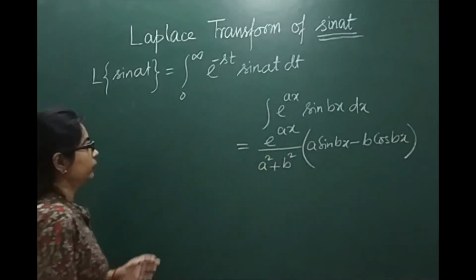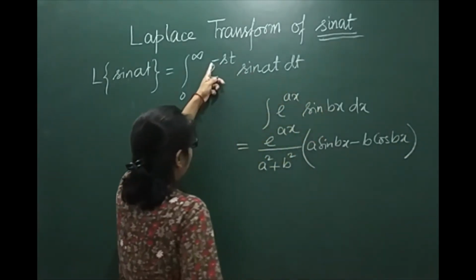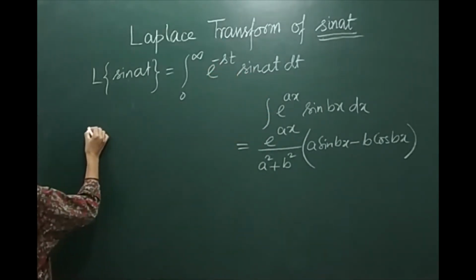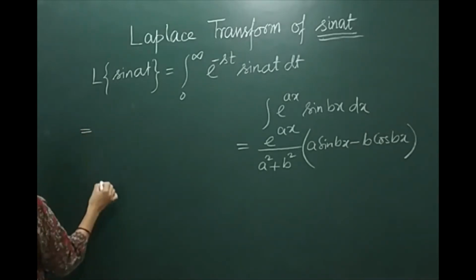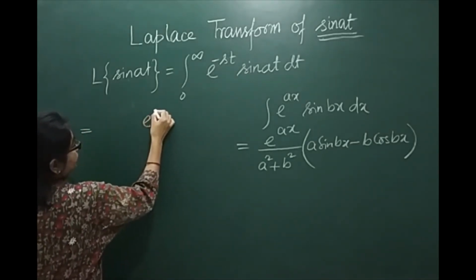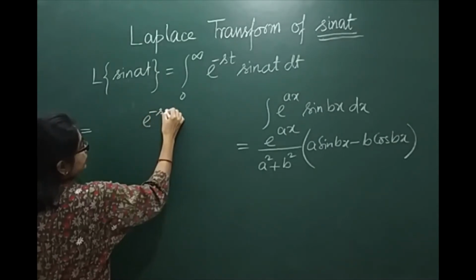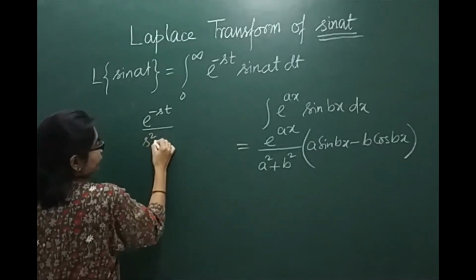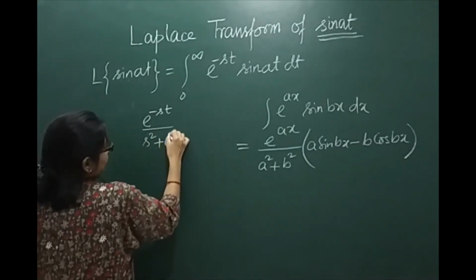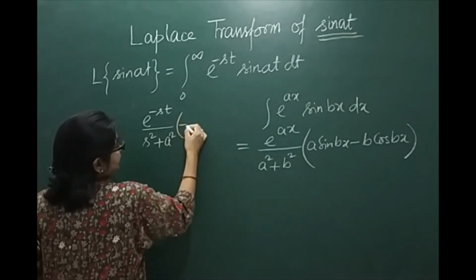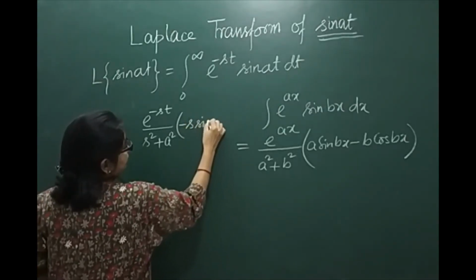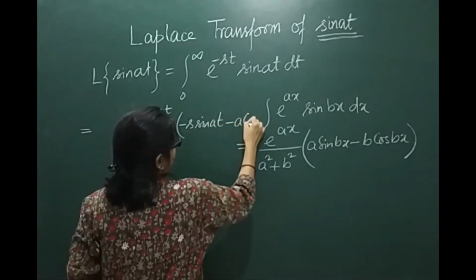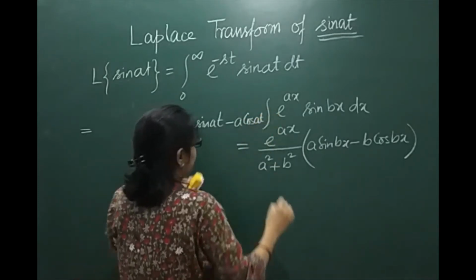Now if we compare with a and b as -s and a, then we will have e^(-st) divided by (s² + a²) times (-s sin at minus a cos at).